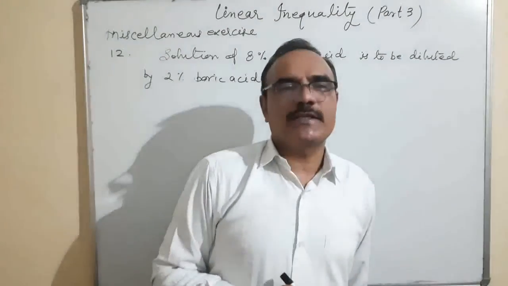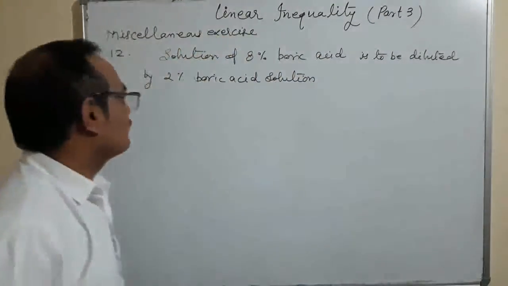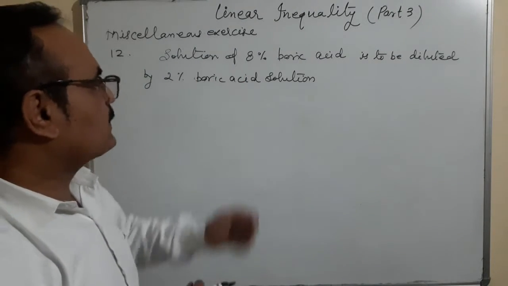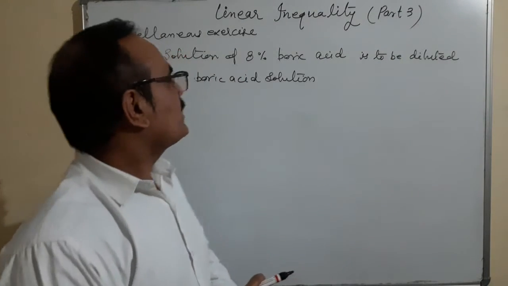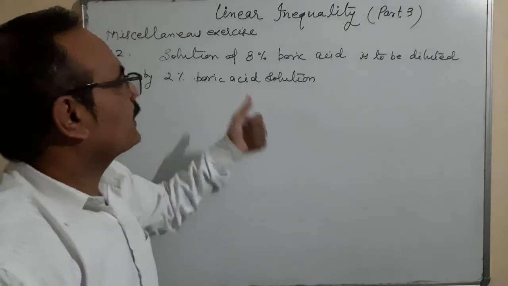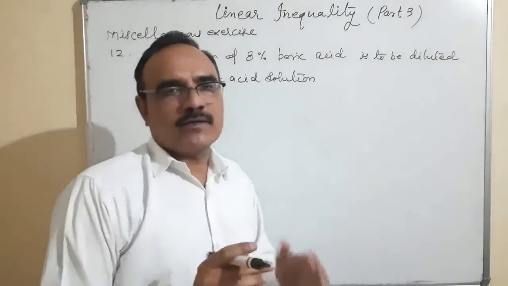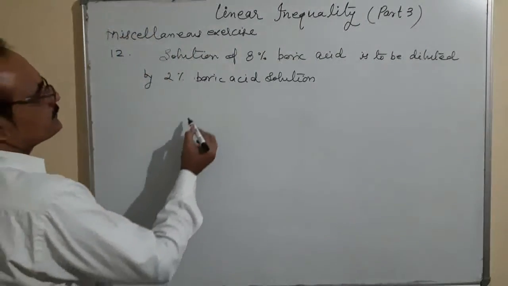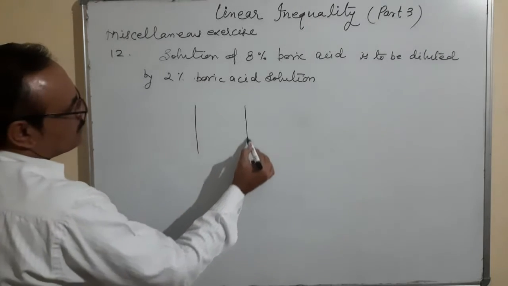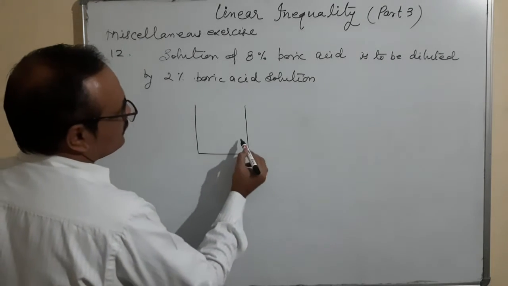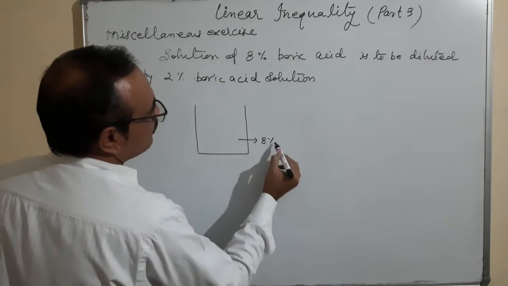Let us try to understand this line. What is the meaning of it? A solution of 8% boric acid is to be diluted by 2% boric acid solution. That means there is a solution, and in the solution, 8% boric acid is there.